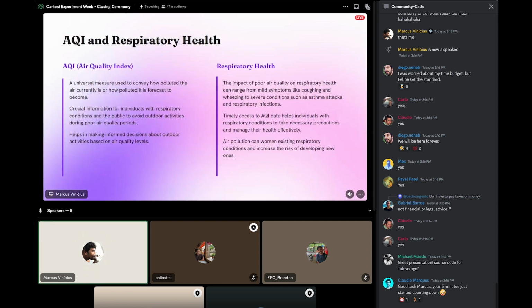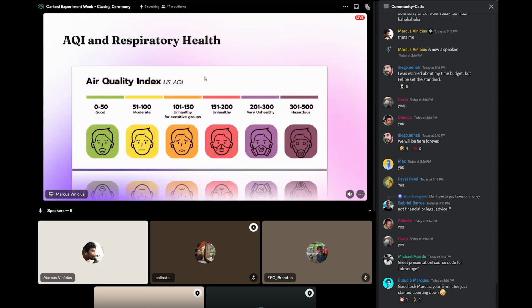Talking a little about AQI, it's a universal measure that tells us about air pollution levels. The quality of the air directly impacts our respiratory health, from mild symptoms like coughing to severe conditions like asthma attacks. Timely AQI information can be a lifesaver. Here is a visual representation of the AQI range from good to hazardous.